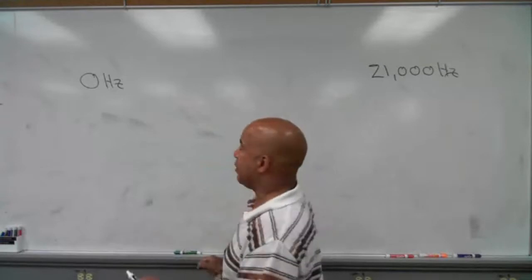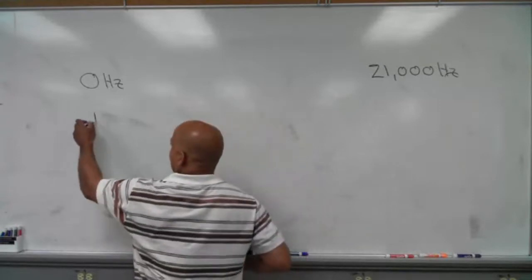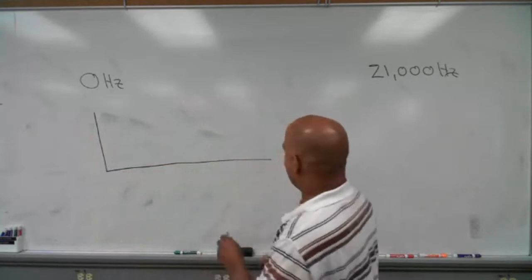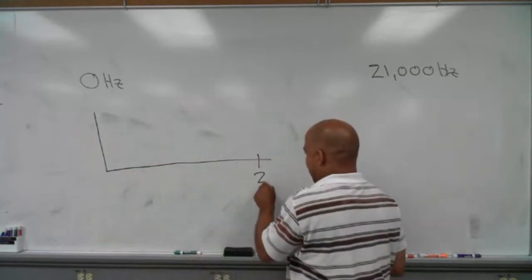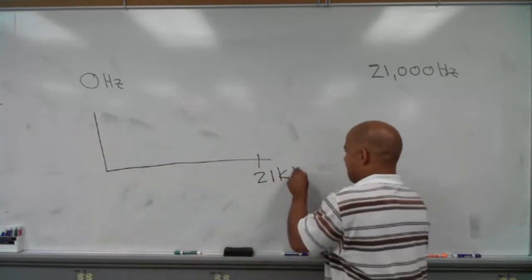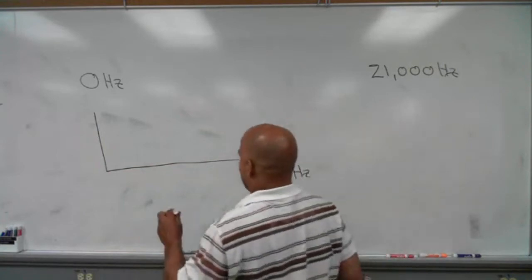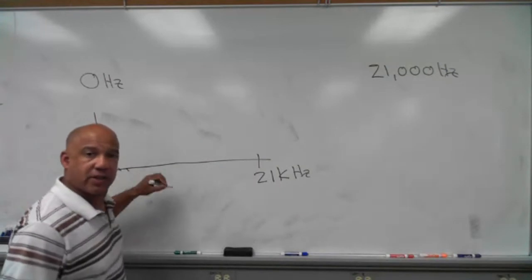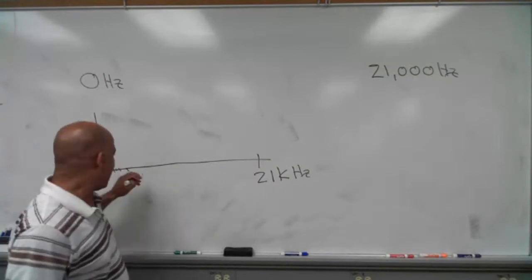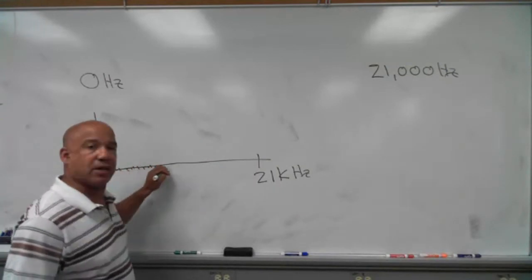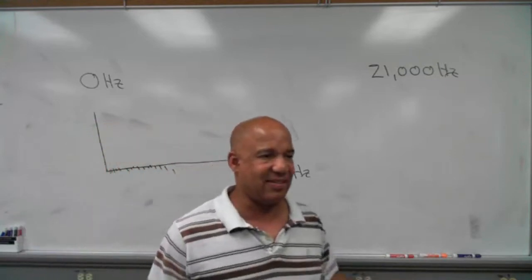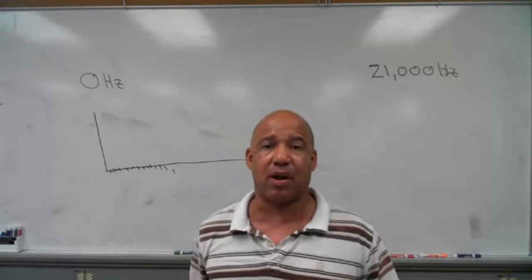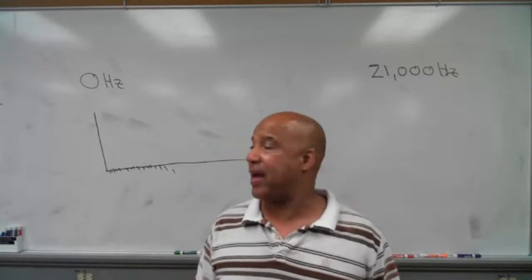So one thing you can do is, if I start out at 21,000 right here, I can start over here at 0, and I can put 21,000 tick marks there. And I'm being silly right now. I can put 21,000 tick marks there, and that would take forever, and they would be so close together you couldn't see what was going on. That's one option I have.